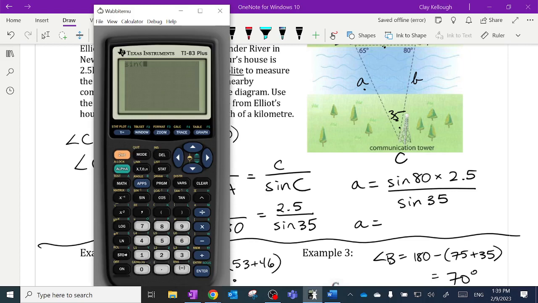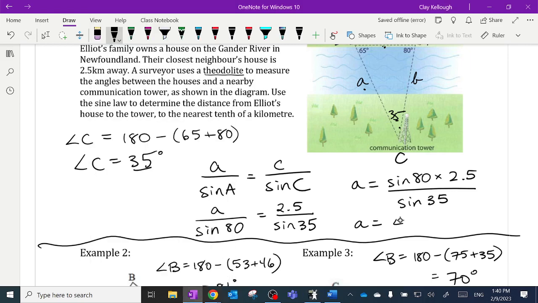Sine 80, close my brackets, times 2.5, divide by sine 35, 4.29. Sounds reasonable? Oh, wait a minute. Hold on. Yeah, don't ignore the instructions.